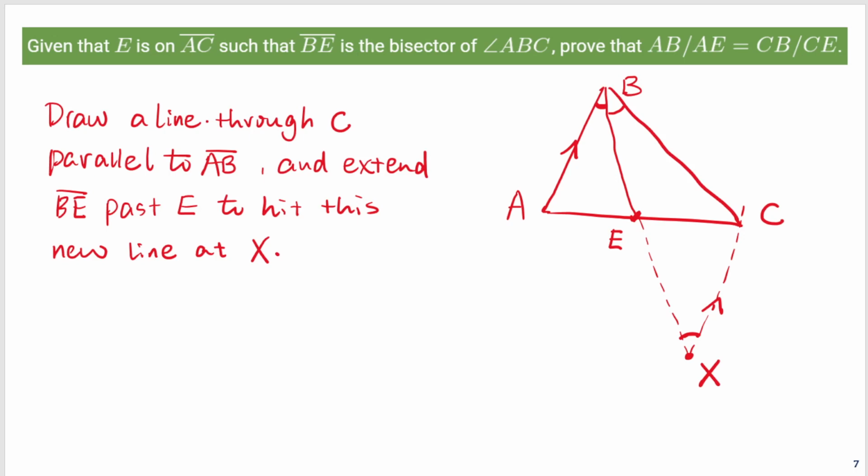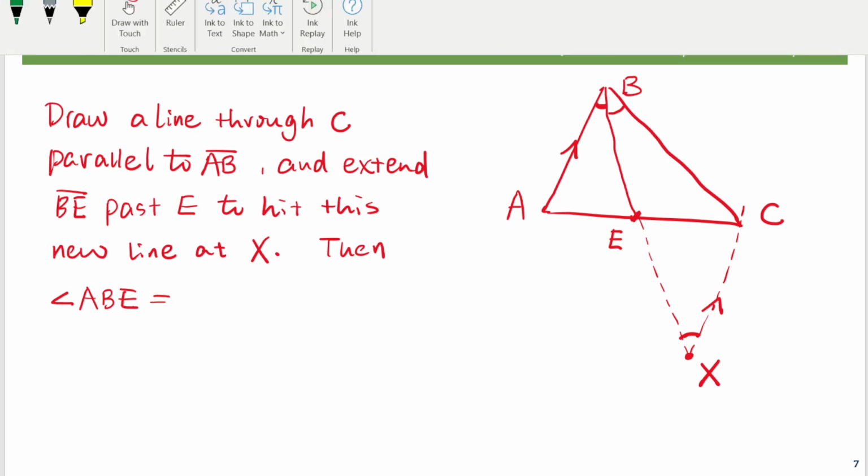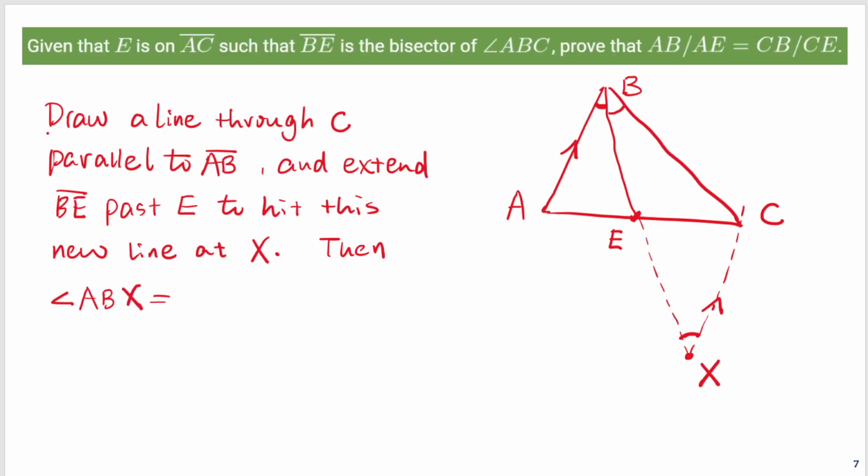Okay, and we have just proved that angle ABX equals angle BXC. And also angle ABX equals angle XBC, right?